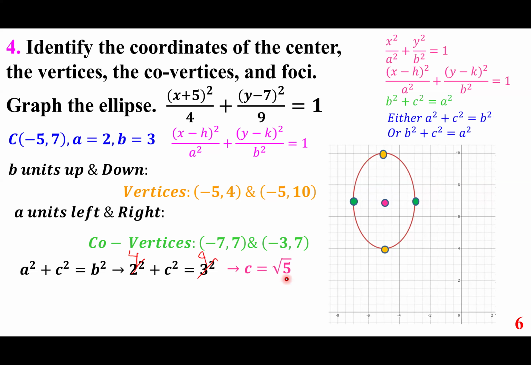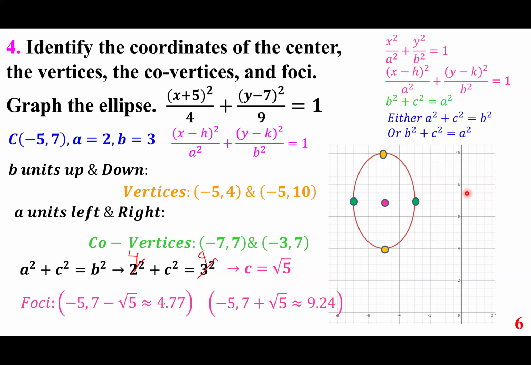At 2 1/4, roughly. So minus 5 and then 7 minus square root of 5. This is exact. This is an approximation for the sake of location. Minus 5 and 7 plus square root of 5, 9 1/4.